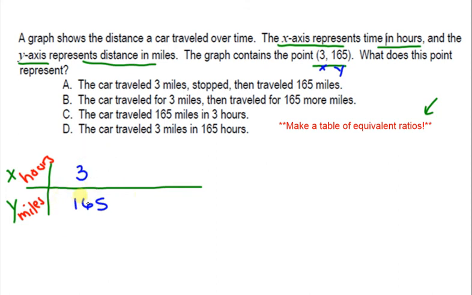So what does this information show? Well, it shows in 3 hours you drove 165 miles. So which answer choice on there would you select? I'm about to tell you the answer, so pause if you haven't figured it out yet, but the answer would be C. They traveled 165 miles in 3 hours.